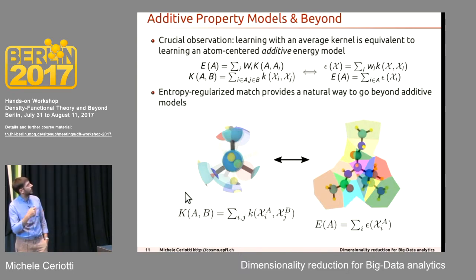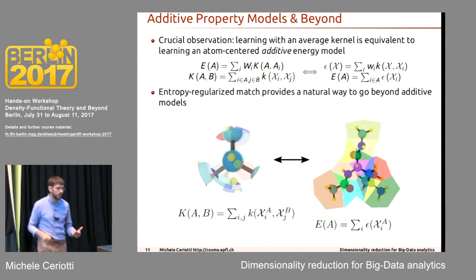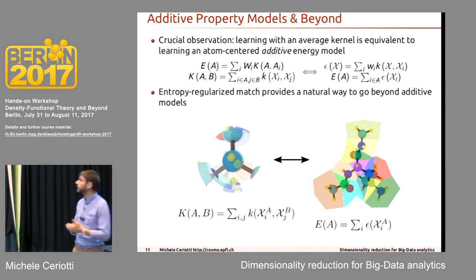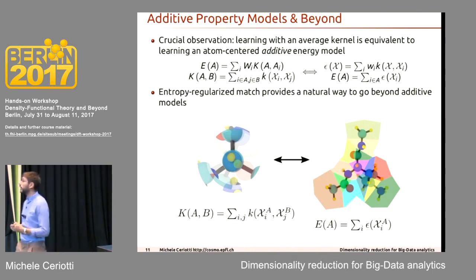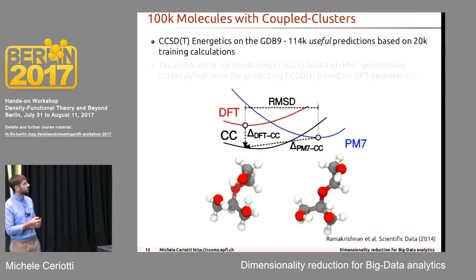And actually, I will show you one example, not concerning band gaps, that using this sort of entropy regularization that goes beyond additive combination of the kernels is one way to learn properties that don't decompose naturally into atom-centered contributions.